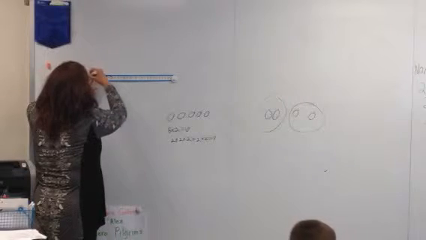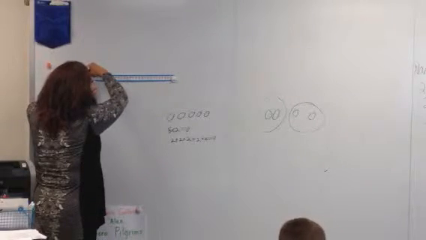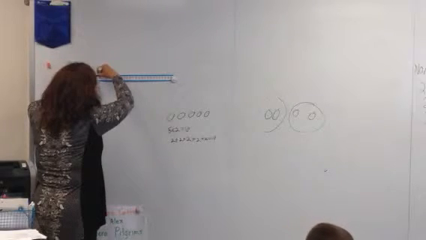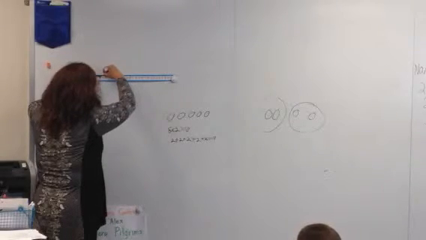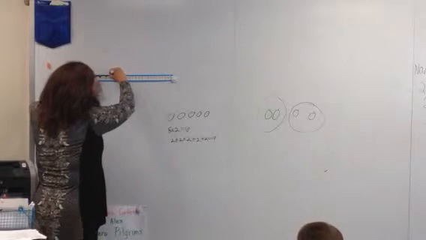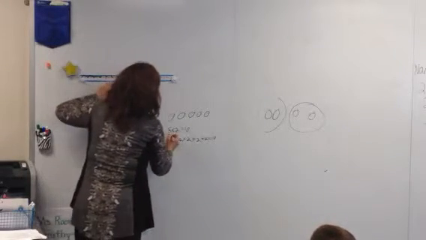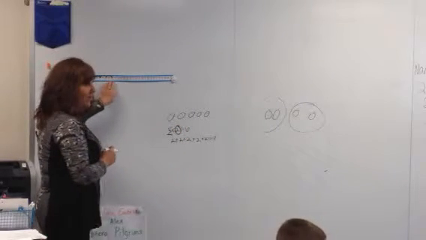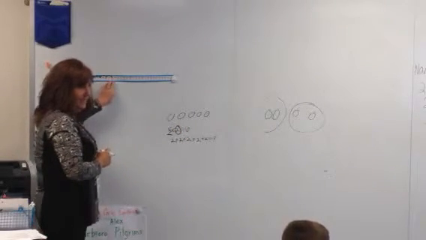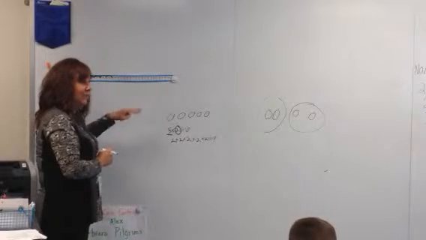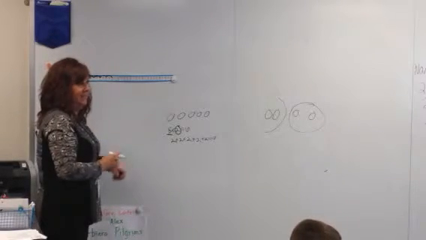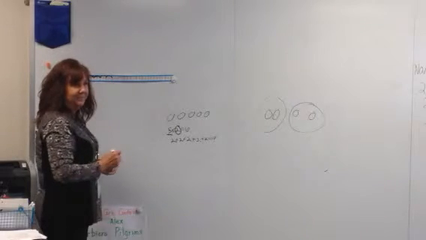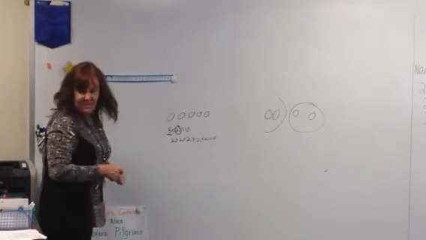The first one goes all the way to 2. 2 goes to 4. 3 goes to 6. 4 goes to 8. And 5 goes to 10 because we're doing 5 sets of 2. You're counting by 2s all the way to 10. That's okay if you don't know how to go 2, 4, 6, 8, 10. You can skip count on your number line. Okay? Good job, guys.